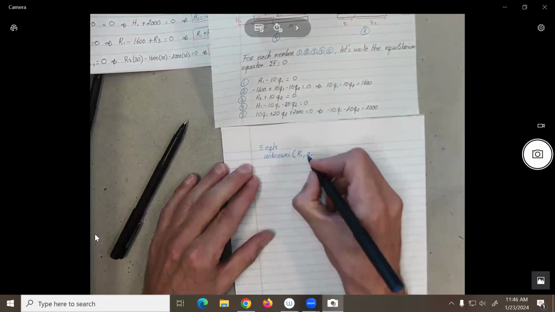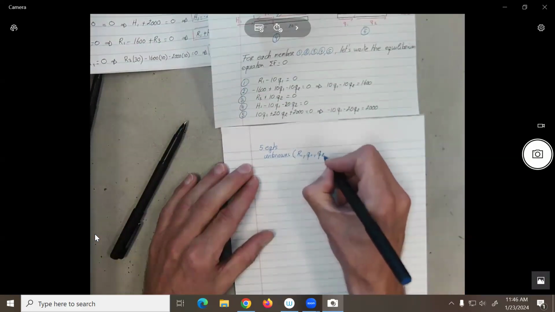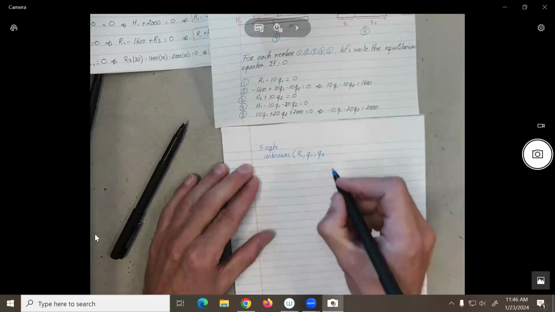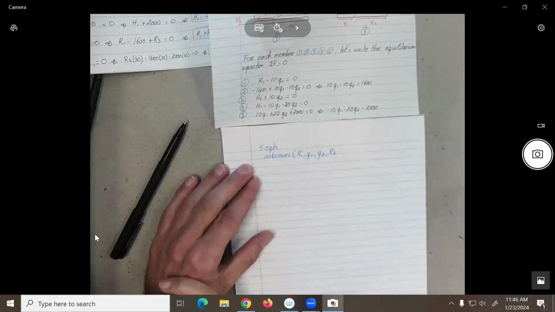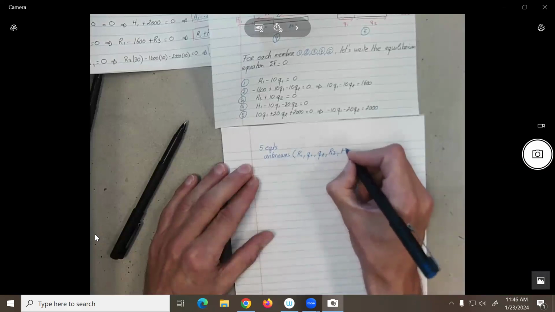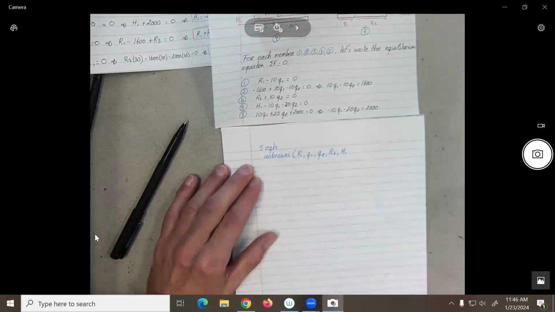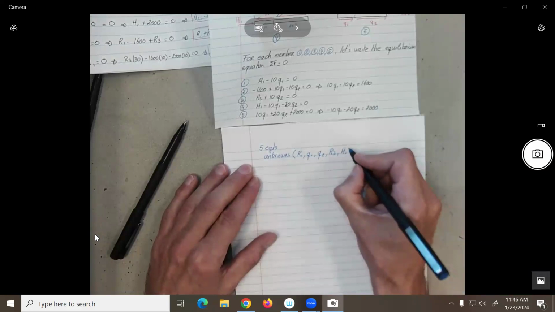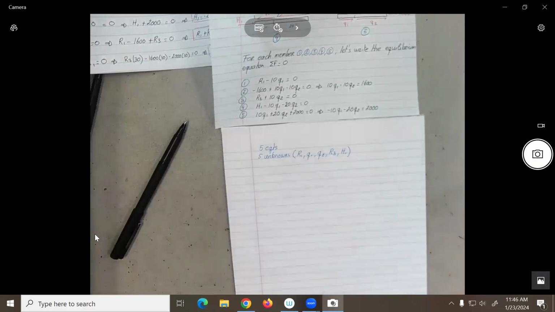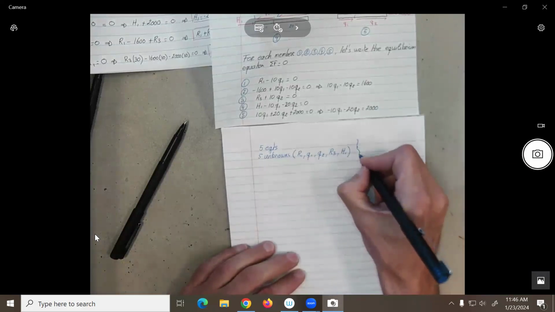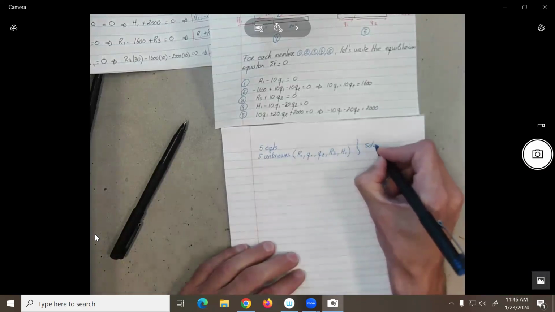On equation 2, the new unknown is Q2. On equation 3, R3. In equation 4, H1. And equation 5 is nothing new. So how many unknowns do we have? 5. So is that good or bad? 5 equations, 5 unknowns, we can go and solve.